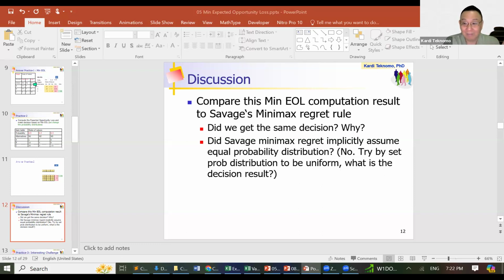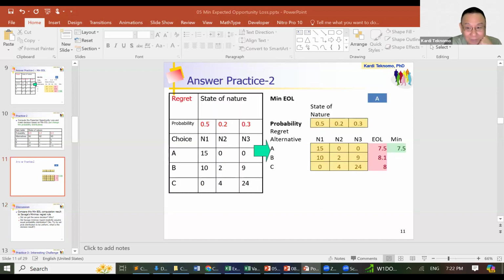But can you try a probability distribution, and see what the decision result is? Can you practice this so that you will know? This is easy, not as complicated as earlier. You already have these values, so all you need to do is change the probability, compute the EOL, and take the minimum. Is that okay?